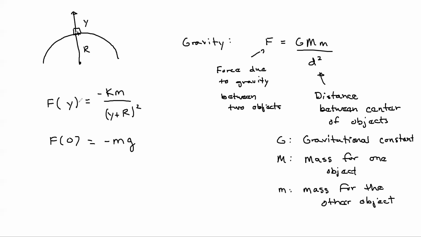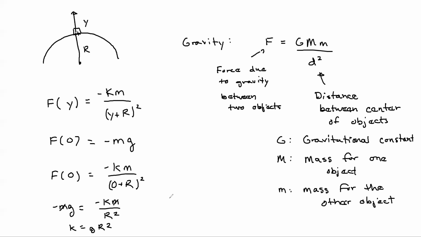Now, the neat thing is you can combine these two to come up with a value that we can plug in for K. If you plug 0 into the top formula, we get negative Km divided by 0 plus R squared. And we know that f of 0 from the previous result is negative mg, so negative mg equals negative Km over R squared. The m's cancel, and then you multiply the R squared over, and we get K equals g R squared.